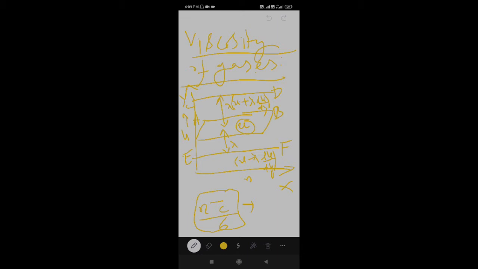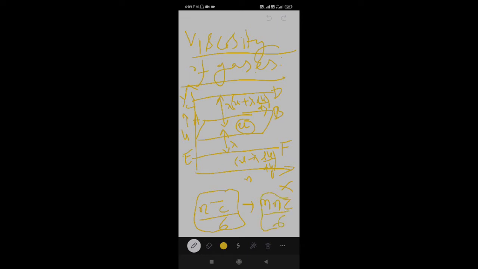Now if m is the mass of each molecule, then the total mass crossing the intermediate layer, from up to down or down to up, is simply m times this, the mass transport. This gives you m n c bar by 6.